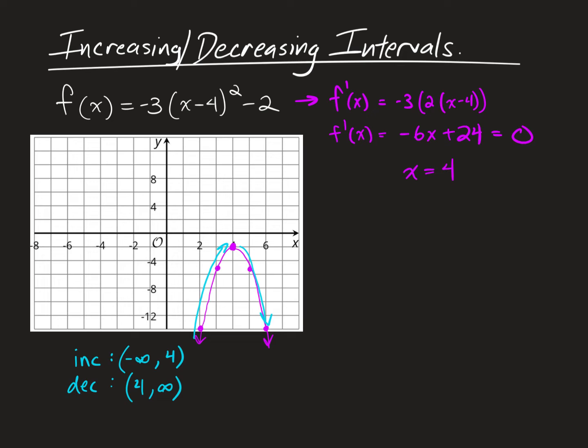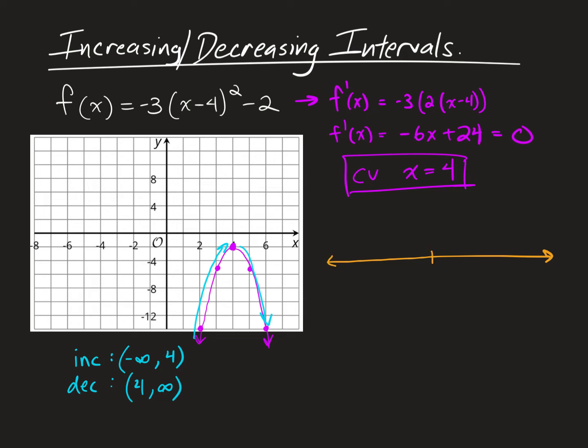Now I want to stop right here. This is a critical value. And I just want to point out that on the graph, when x equals 4, that's the exact value where the graph stopped increasing and started decreasing. But how are we supposed to figure that out? Well, in order to figure it out, we can just use a number line.